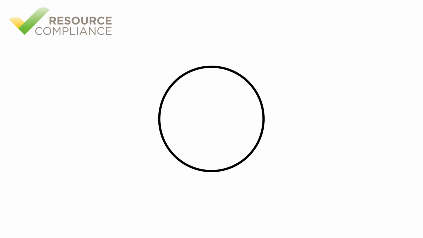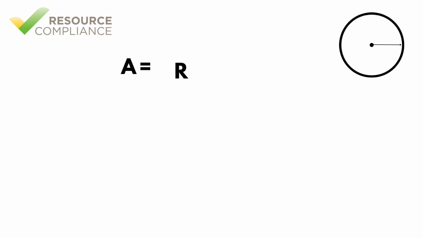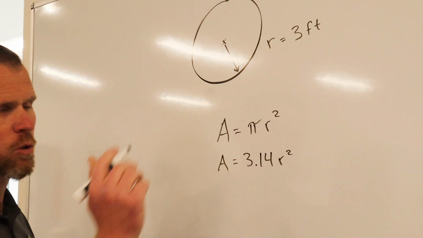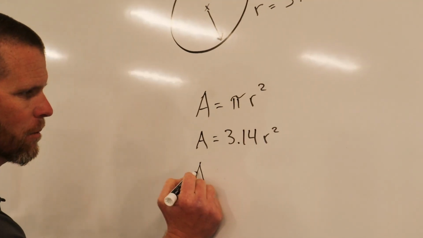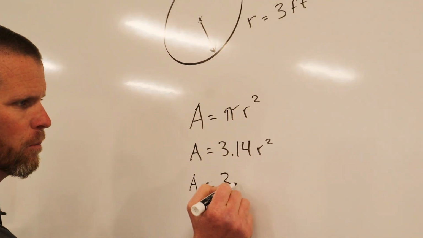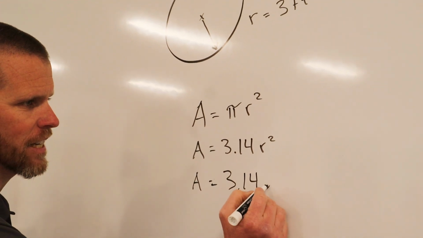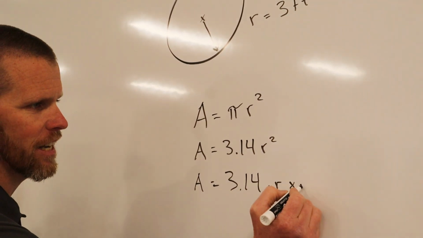Now that we've defined our terms, calculating the area of a circle is not too hard. The formula is A equals pi times r squared, or can be approximated as 3.14 times r squared. Square something means to multiply it by itself. So the final way to look at this would be 3.14 times the radius times the radius.